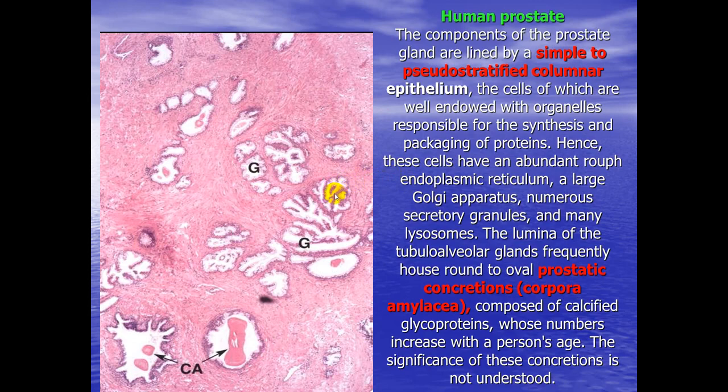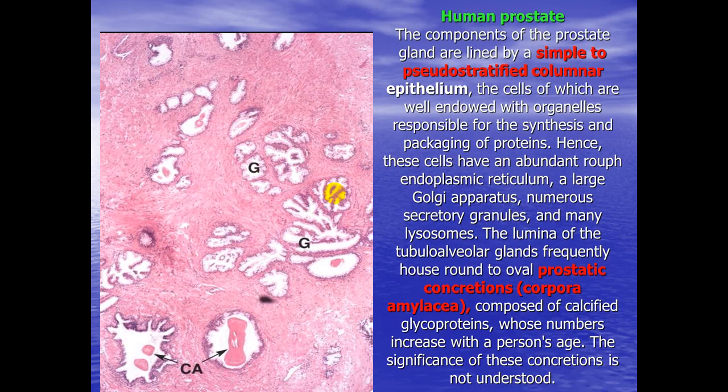The main component of the prostate secret is proteins, and that's why the epithelial cells have a very well developed rough endoplasmic reticulum, Golgi apparatus, and numerous secretory granules and lysosomes.